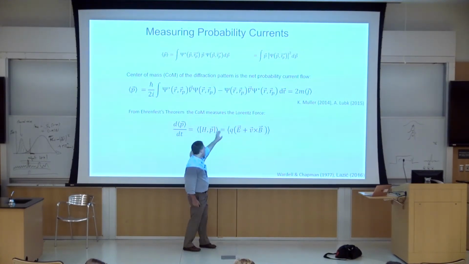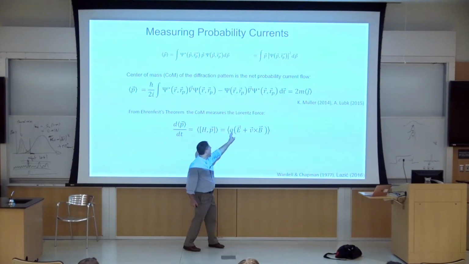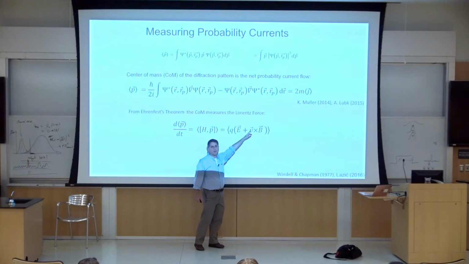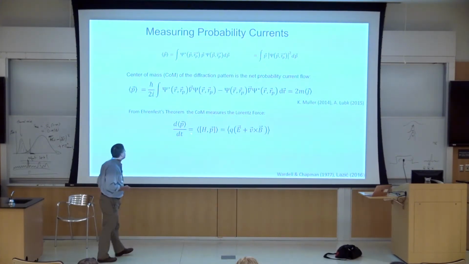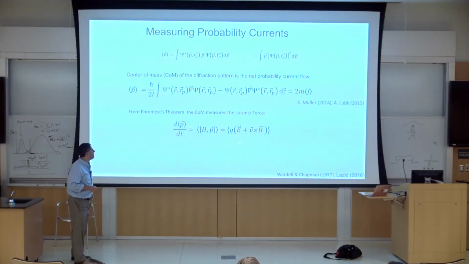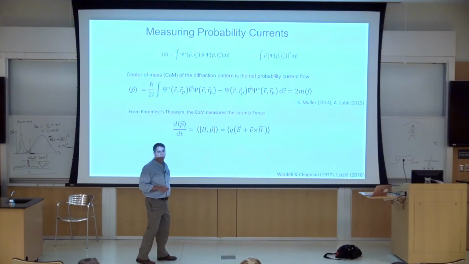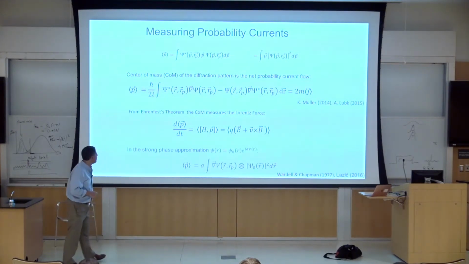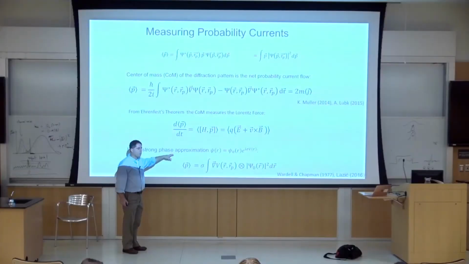And if I put it in for an electrostatic object, it's qE plus v cross B, which is the Lorentz force. So now the time evolution of the operator, which is the evolution with thickness, is just the Lorentz force on the electron beam from the sample. So it's measuring the electric field of the sample and the magnetic field of the sample. It's a great detector. You can also write this down in the strong phase approximation, which is what we talked about for the multi-slice this morning.